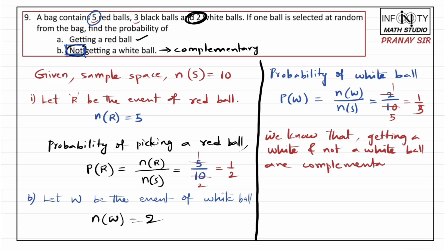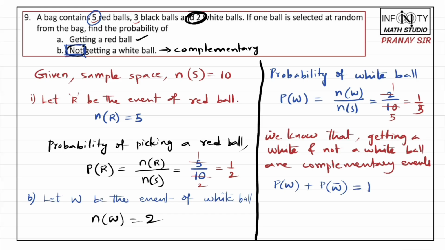What do you know about that one? We write P of W, that means getting a white ball, plus P of W bar, that means not white. The sum will be exactly 1.